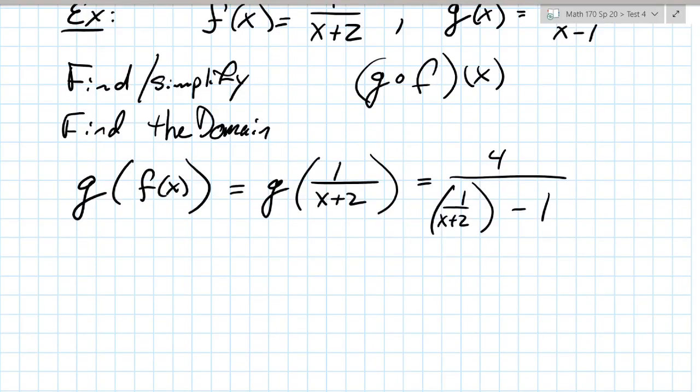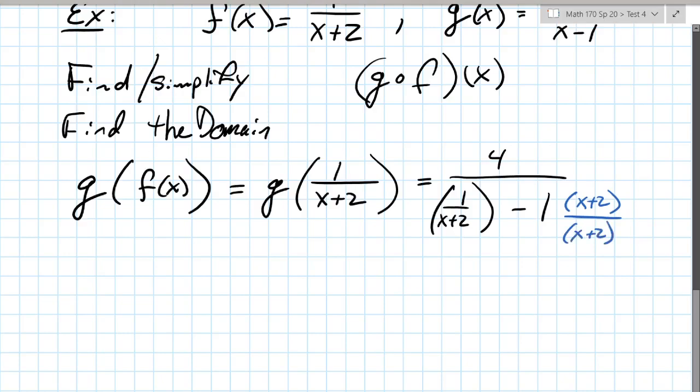We need to start by getting a common denominator down here. The common denominator is x plus 2, so we're going to multiply the top and the bottom of that 1 by x plus 2, giving us 4 over 1 minus x plus 2 all over x plus 2.